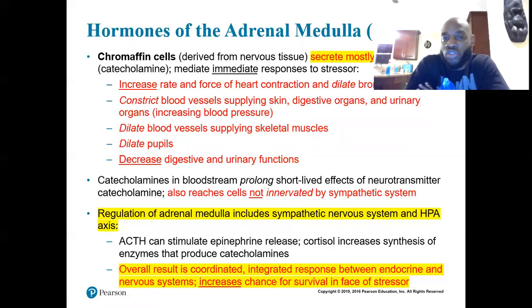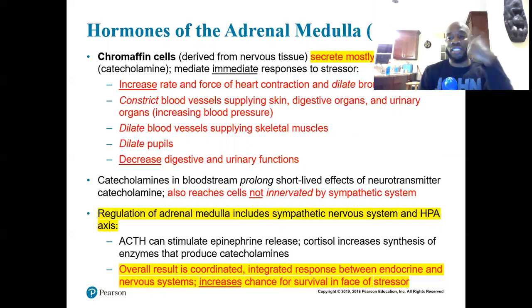And that also is a response to stress. It increases the rate and force of your heart contractions, right? So I'm stressed out, I'm in fight or flight. I need more blood. My heart beats faster. My heart beats stronger as well.